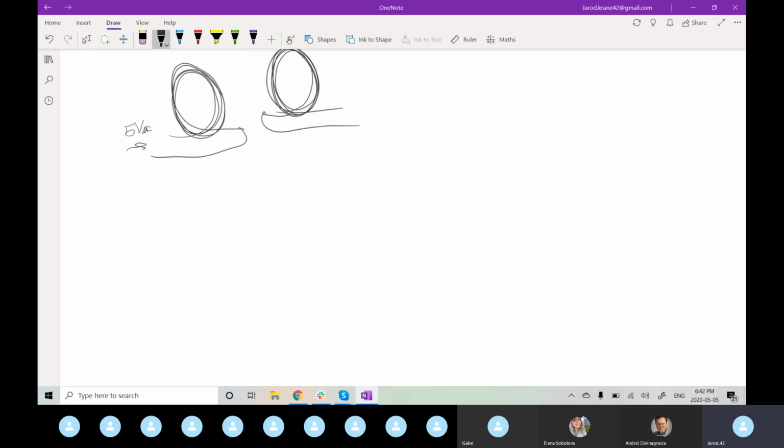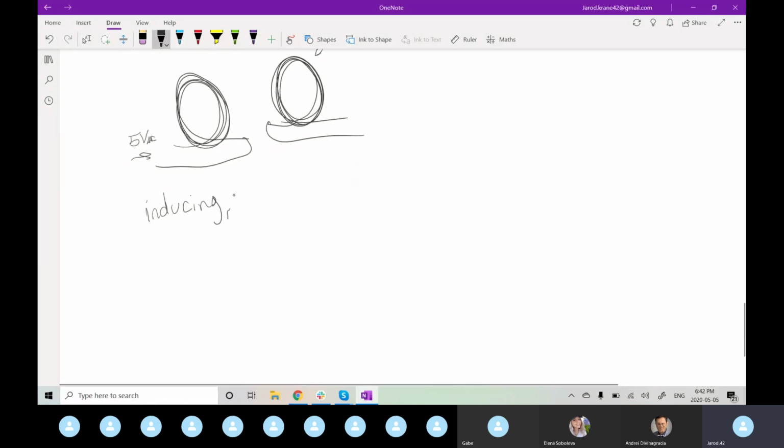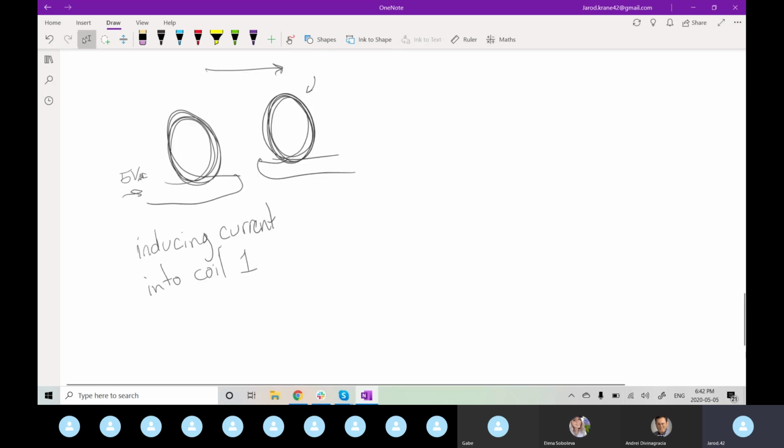And this is, in a sense, what wireless charging is. You're inducing current into coil 1, which creates a magnetic field about this coil.